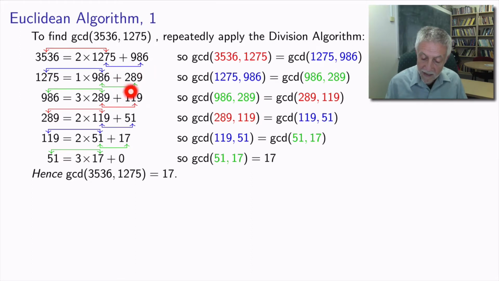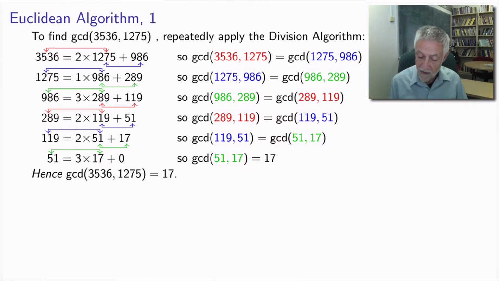The remainders keep decreasing, so we must eventually hit 0. When the remainder is 0, that means this divides that evenly, so the greatest common divisor of 51 and 17 is indeed 17.